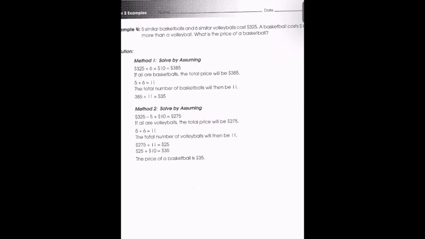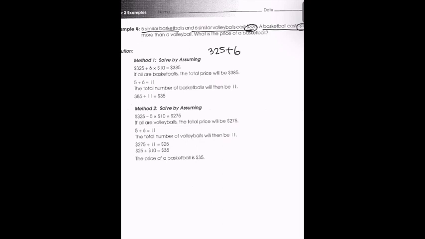So if all were basketballs, 5 similar basketballs and 6 similar volleyballs cost $325, and a basketball costs $10 more than a volleyball. And so we have 325 plus 6 times 10. And that gives us 325 plus 60, which is equal to 385.